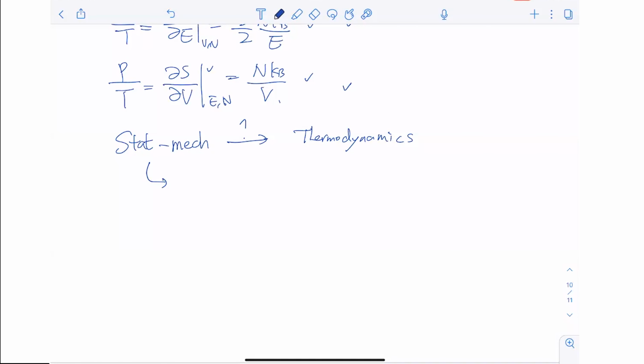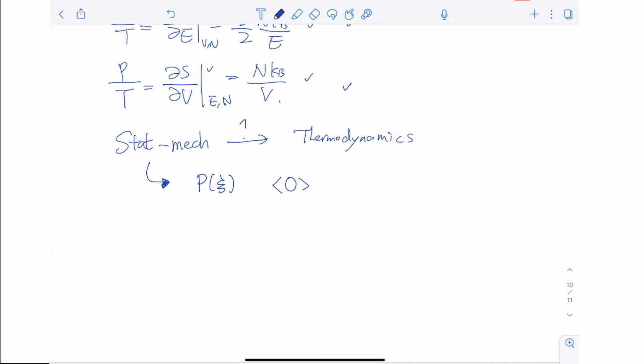One very powerful thing is that it can provide the probability distribution, or the probability for some microscopic configuration. Once you know the probability of the microscopic configuration, then you can ask what the expectation value is for a certain observable.